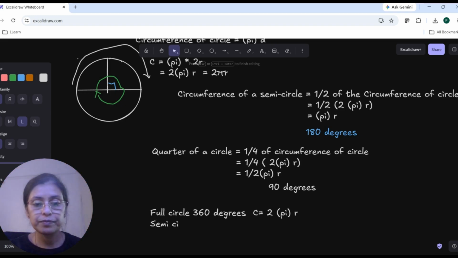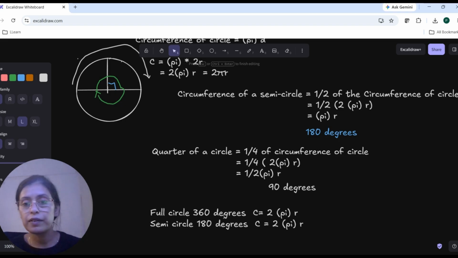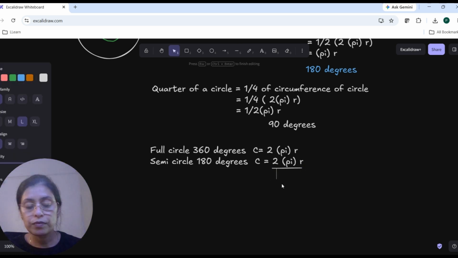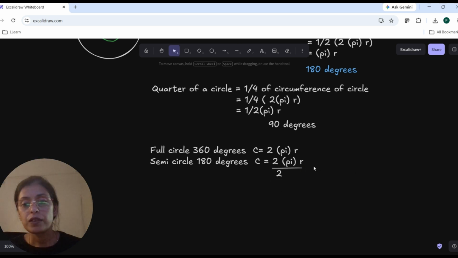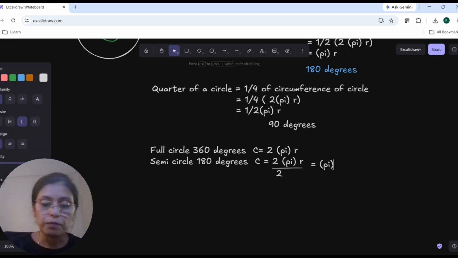Semicircle, 180 degrees, c is equal to 2 pi r by 2, which is equal to pi r.